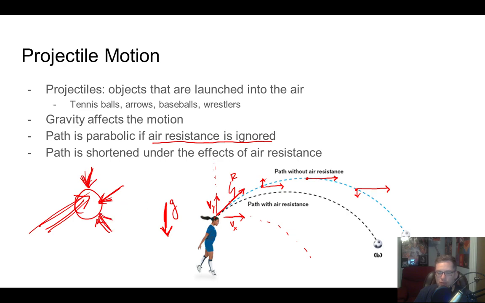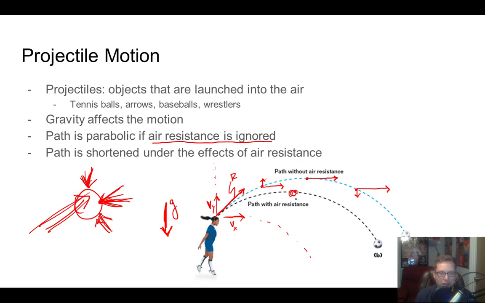So that means whatever force we use to hit our ball in the y direction is not going to be as effective. So it's not going to get as high. See how much lower our air resistance path is? And then as we are moving to the right, we're stopping our ball this way, so our ball cannot move as far horizontally either. Okay. So that's the effect of air resistance.